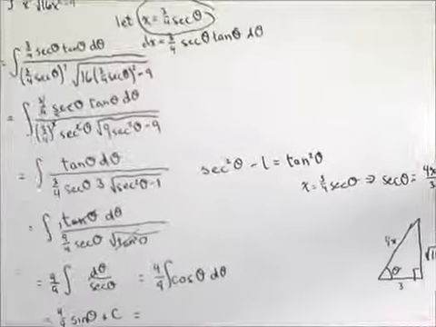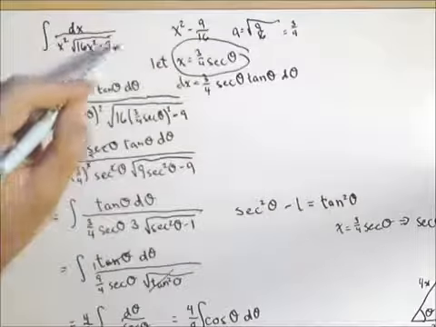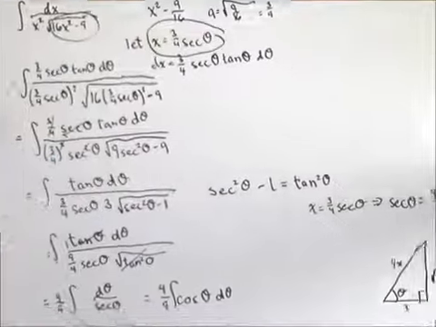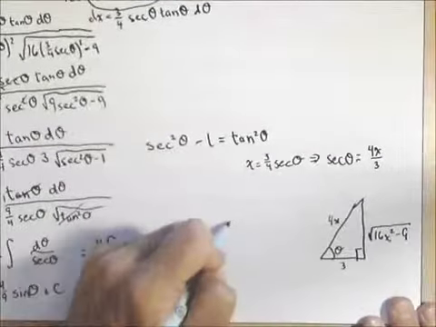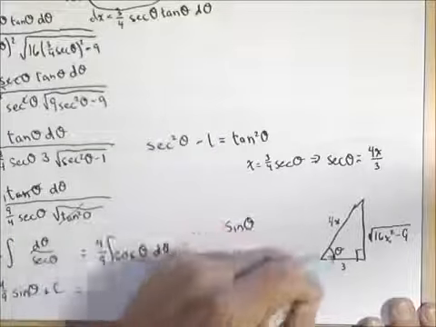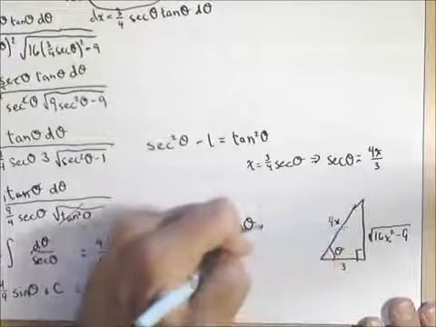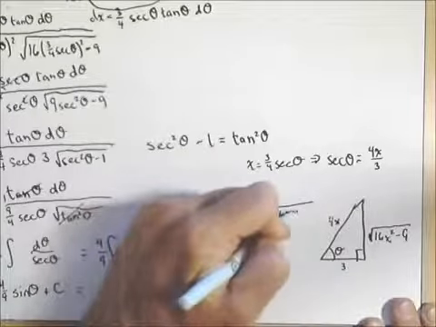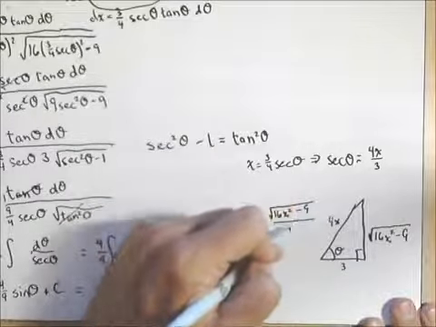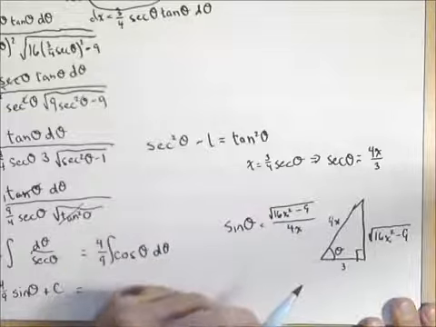Now that should look familiar. Remember our original problem, 16x squared minus 9. So then, based on this, sine of theta is opposite over hypotenuse. So square root of 16x squared minus 9 all over 4x.